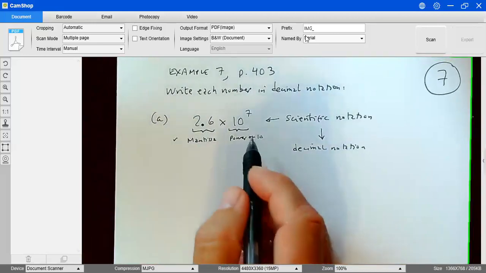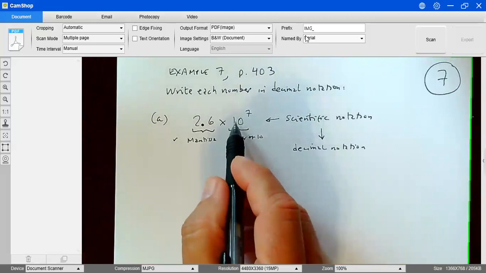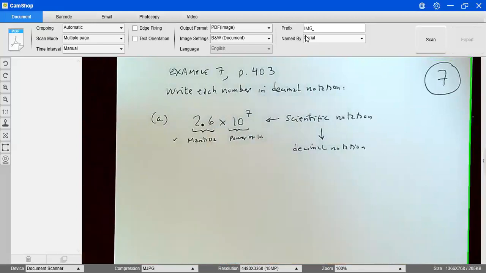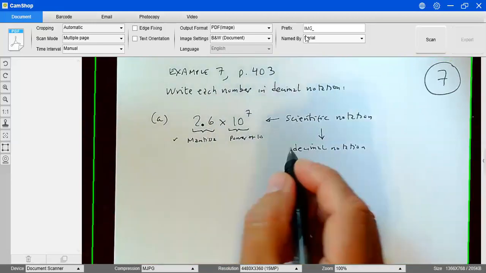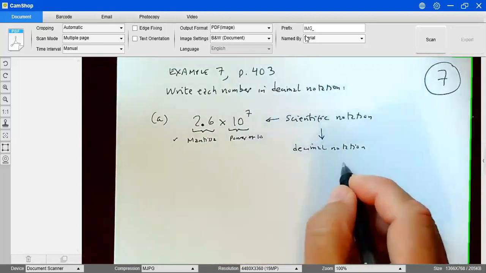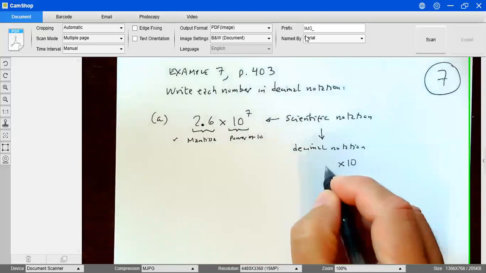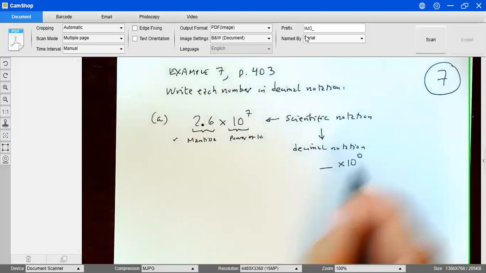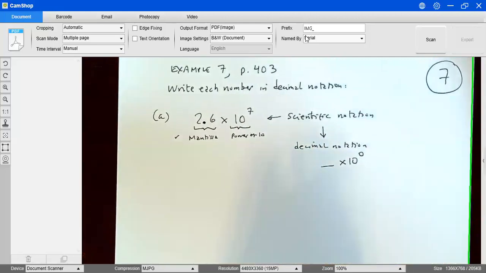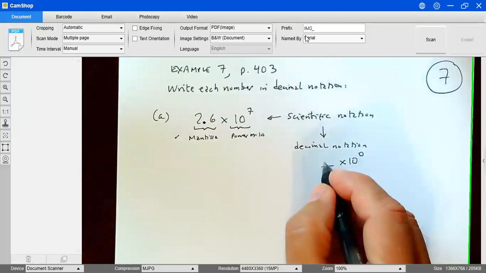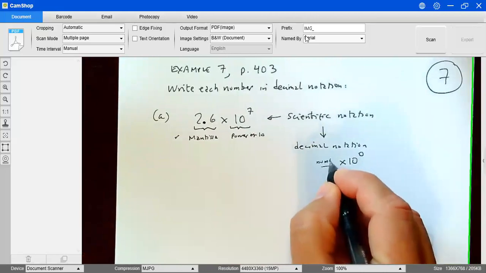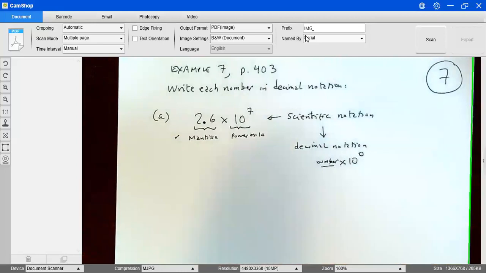The aim of the game is to get 10 to the 0 here, because 10 to the 0 is the way that we're going to know that we found the number in decimal notation.